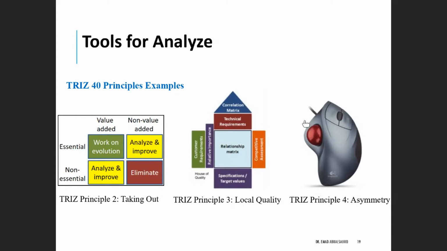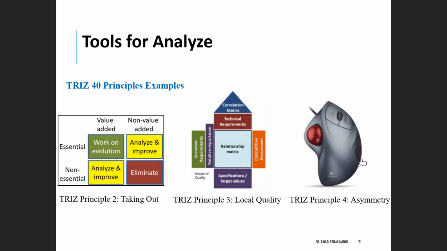And what is this concept? This is an output, or a result, of implementing TRIZ and developing or designing a mouse for keyboards. The mouse in the most common application uses symmetry.